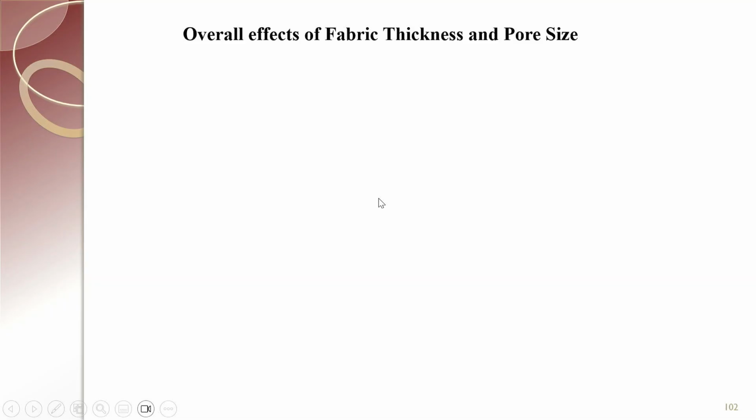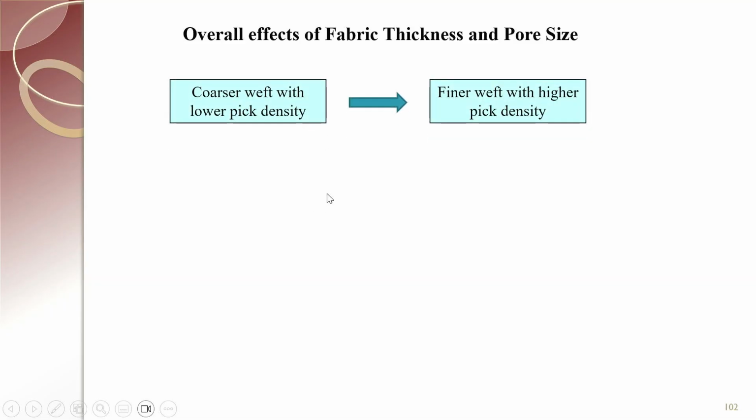So, the overall effects of fabric thickness and pore size: from coarser weft with lower peak density to finer weft with higher peak density, if we move, then what happens here?